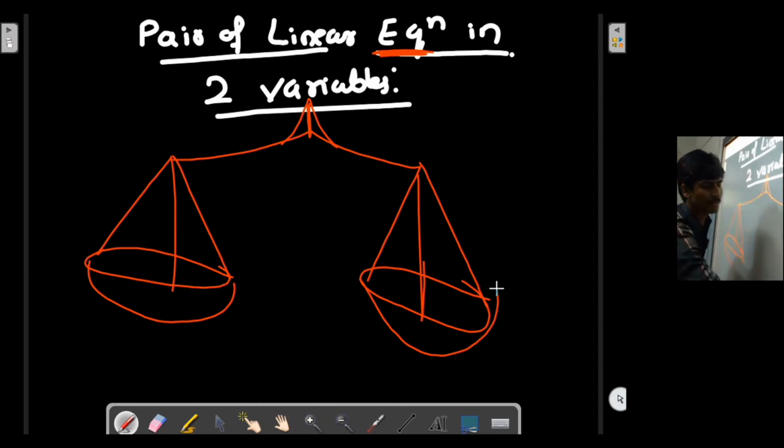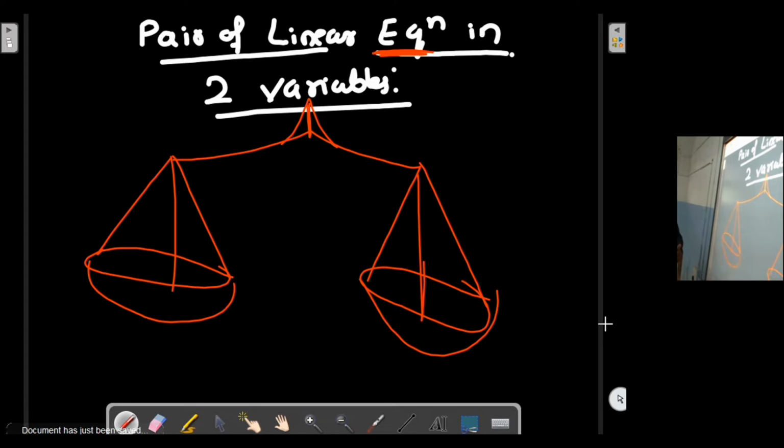One side they will put a 1 kg weight stone, and on the other side they will put what? Tomatoes. So 1 kg of a stone is equal to 1 kg of tomato.